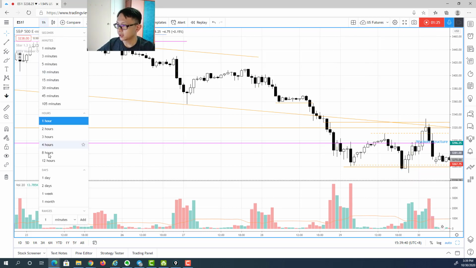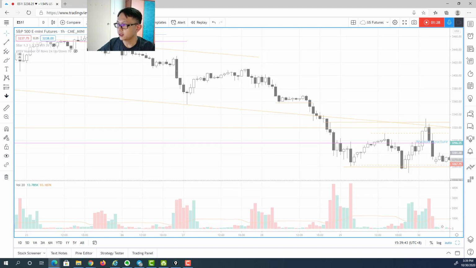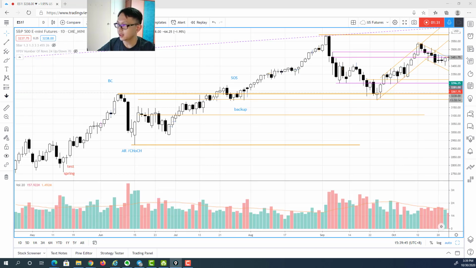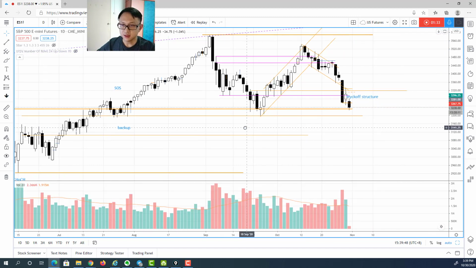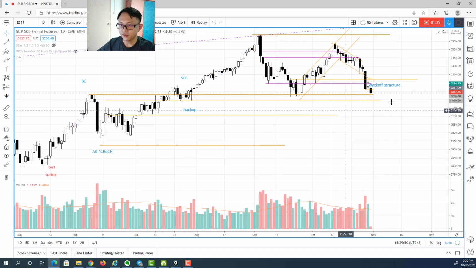So let me get back to the daily time frame and start from the daily analysis. As you can see in this daily chart, we are very close to the immediate support level at 3200. Yesterday we had an attempt to rally up, and you can see that it just touched this Dow channel, and right after that there is a rejection, and the supply is relatively high as well, although it's lesser than the previous day.